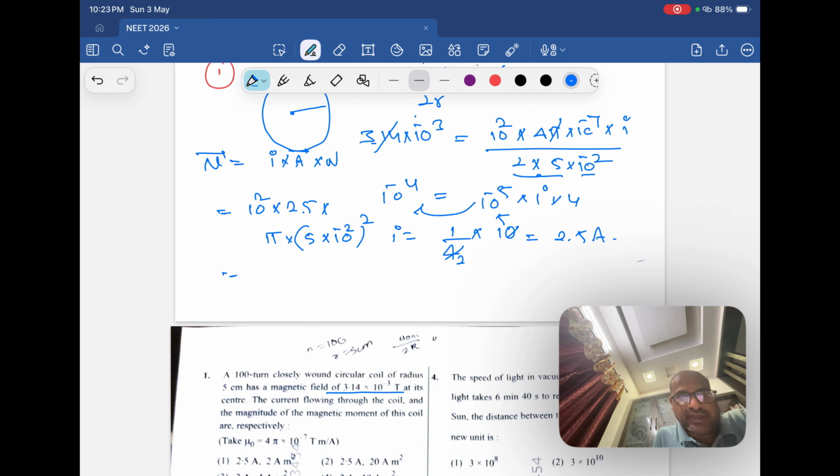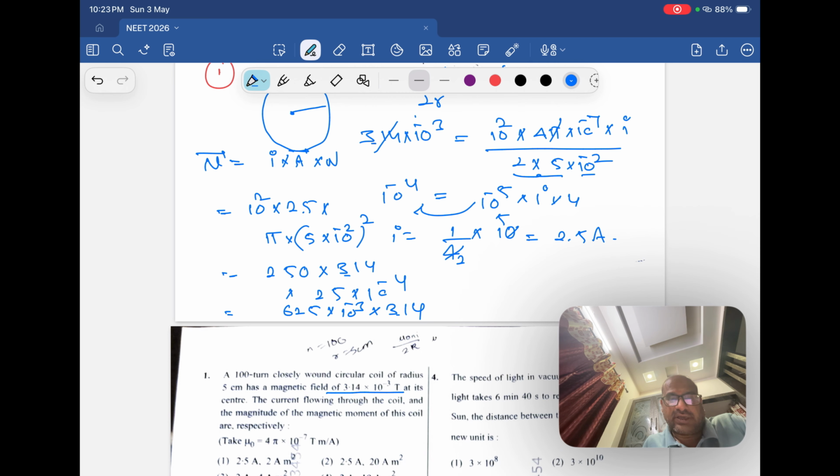If you simplify, this will be 250, because the decimal one you can cancel. Pi value is 3.14 into 25 into 10 power minus 4. If you consider, this is 625, 25 and 0 is there, so 10 power minus 3 into 3.14.